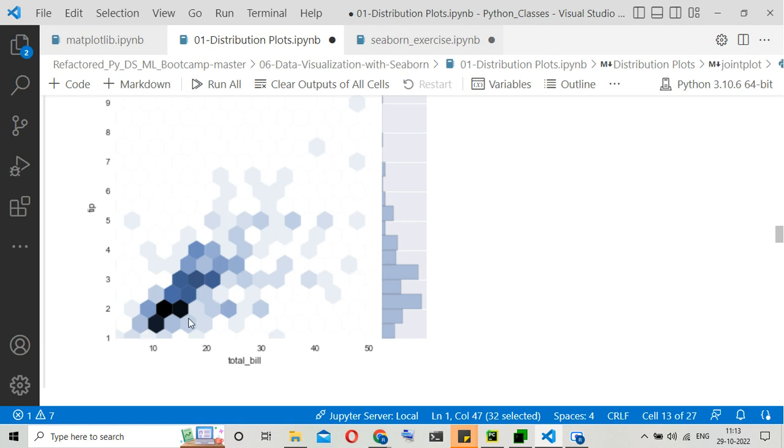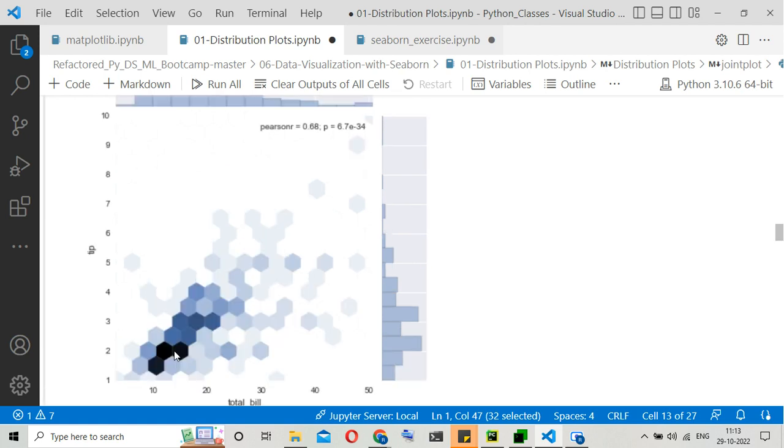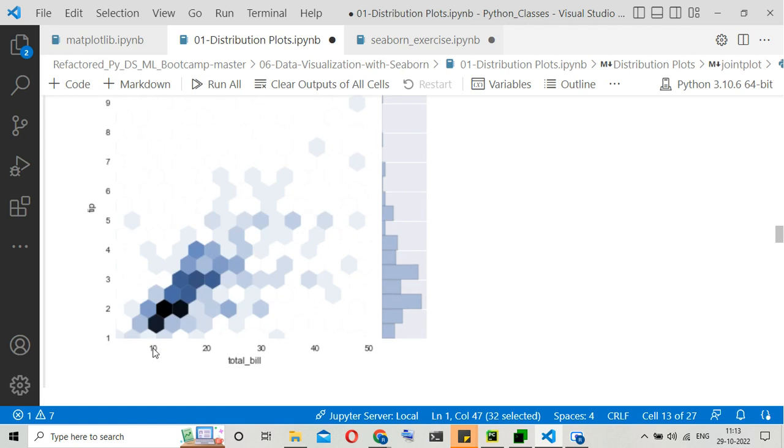In this also, we are finding that bills between 10 to 15 have a higher count of data, and we are getting around $1.5 to $2.5 of tip. And this is very dense data. A lot of people are spending between $10 to $15, and they are spending around $2 of tip on average. You can conclude something.